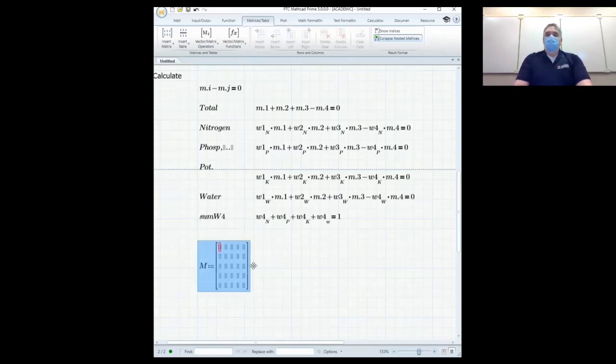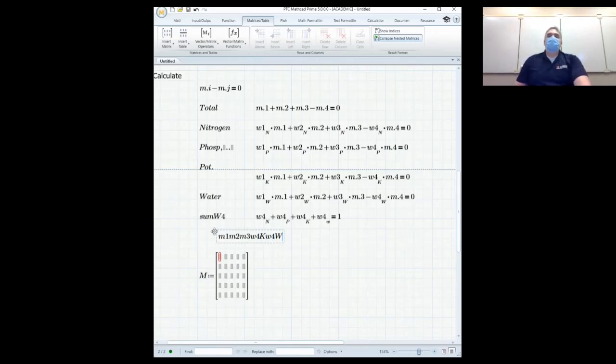And so now for each of these columns, I'm going to call column 1 M1, column 2 M2, column 3 M3. Then I'm going to put W4, let's do the potassium, and then W4 water. That's the order of my columns.